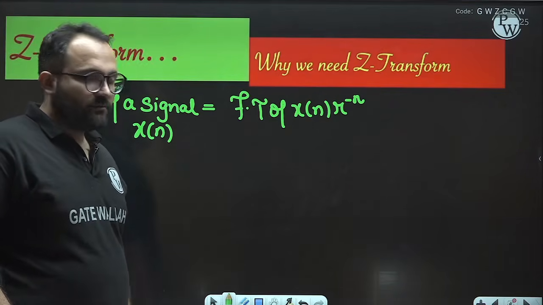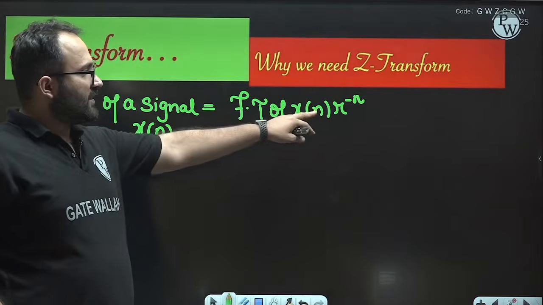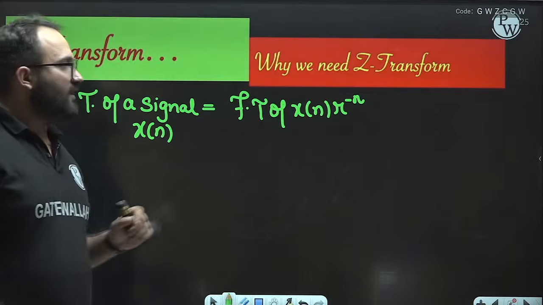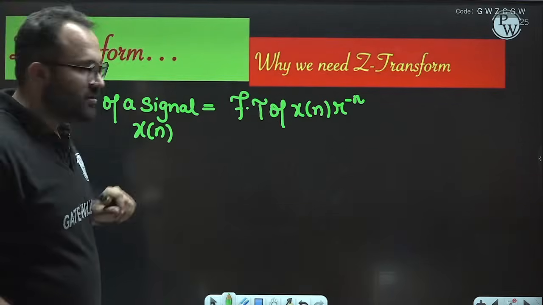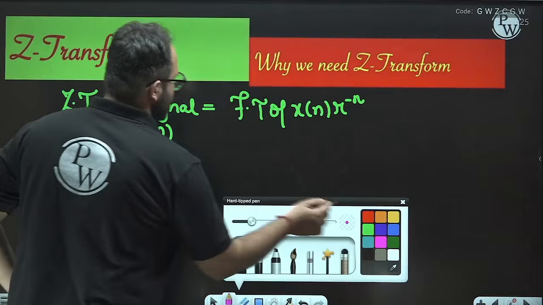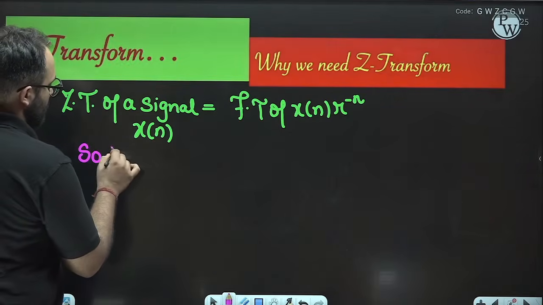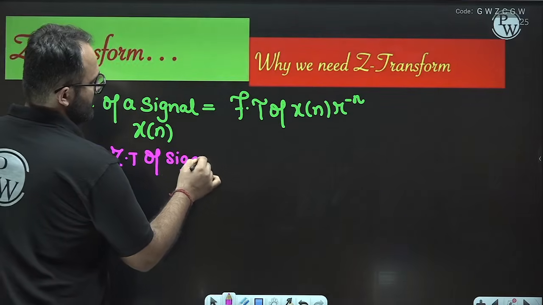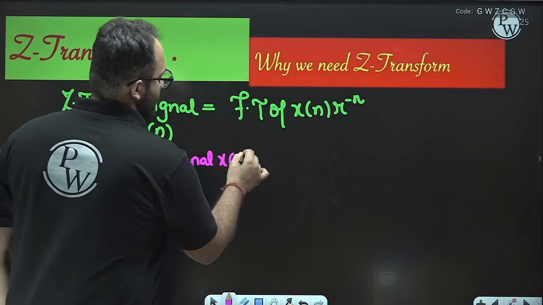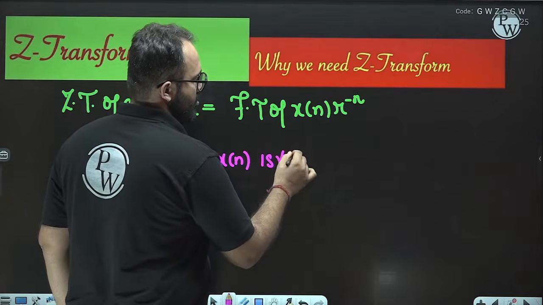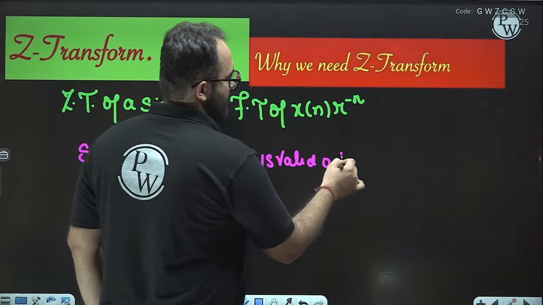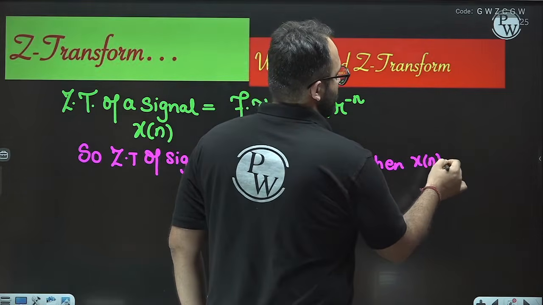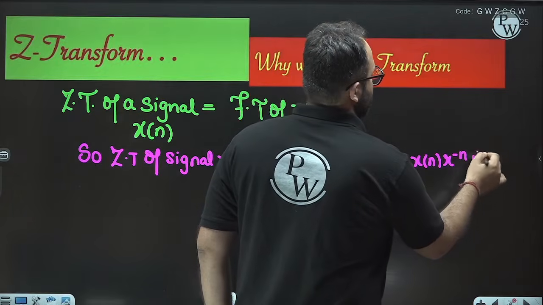Now the Fourier transform of any signal is valid only when it is absolutely summable. So the Z transform of a signal x[n] is valid only when x[n] r to power minus n is absolutely summable.